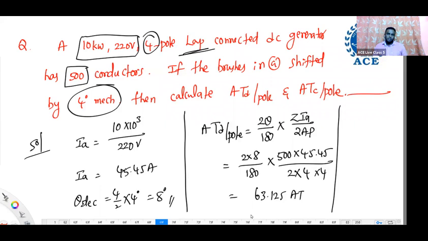Mostly up to Saturday it requires. Tomorrow and day after tomorrow we have a full day, that is 2 to 8:30. Yes, you can continue, no problem. But up to armature reaction is over, you may not understand because yesterday you didn't attend. After completion of armature reaction, we go to commutation. From there you can understand.